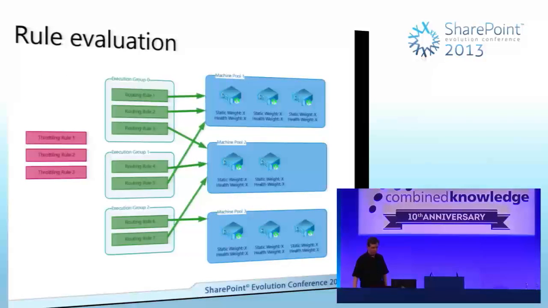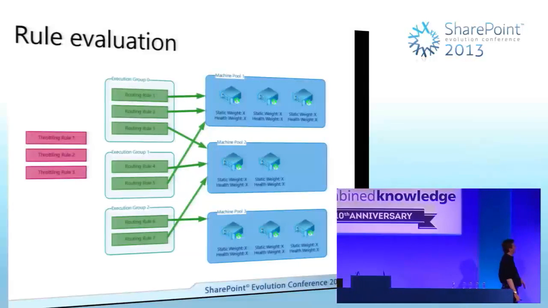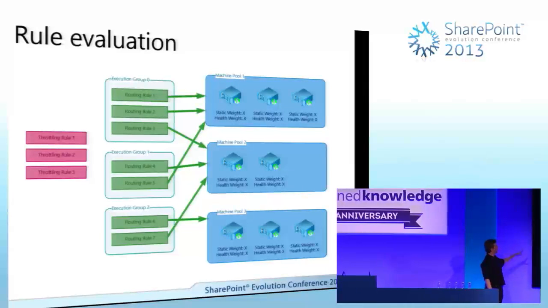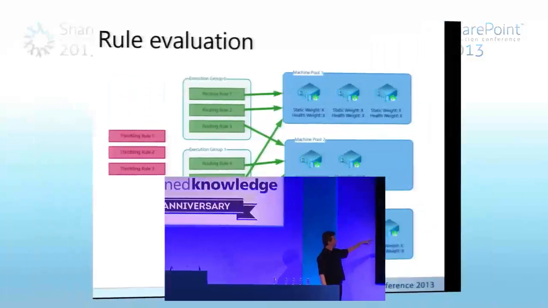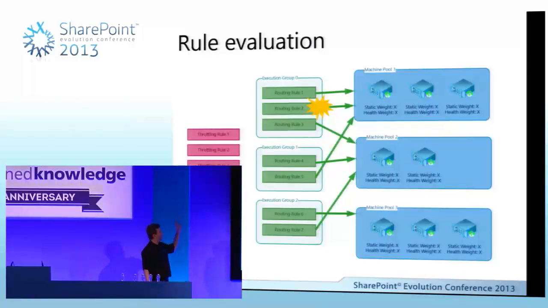So a little diagram of this. This is a ridiculous scenario where we have 8 servers. But anyway, ignoring that for the moment, we have some throttling rules, 3 execution groups associated with machine pools. So in this example, we're running through that precedence, and we match routing rule 2. What that means is that at this stage, we'll evaluate all of the rules in execution group 0, so rule 1, 2, and 3.